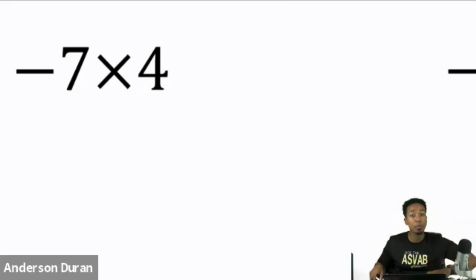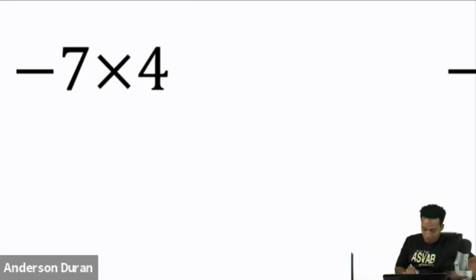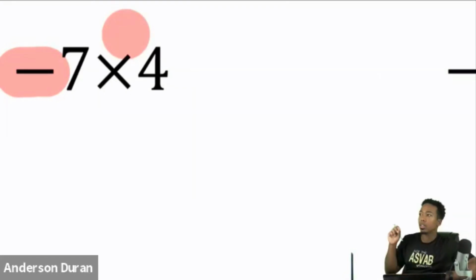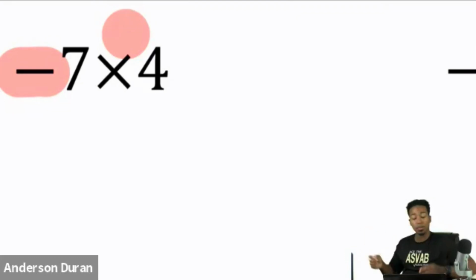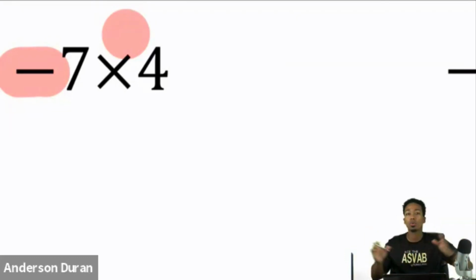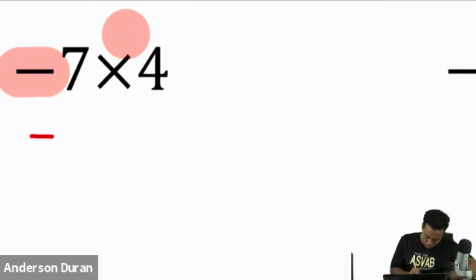Watch this. A negative times a positive will always give me what? Right, it'll always give me a negative because the signs are opposite. One of them's negative, one of them's positive. The result is always negative. Boom. Opposite signs becomes negative.